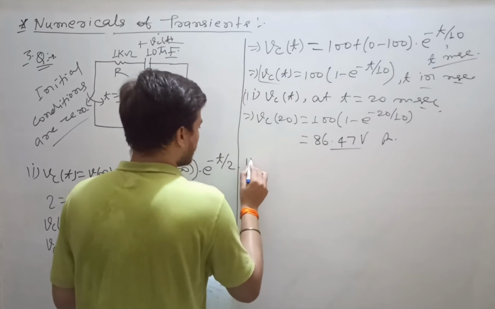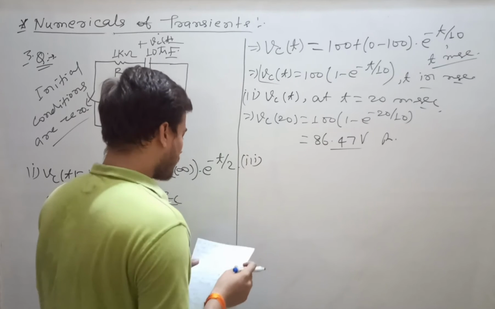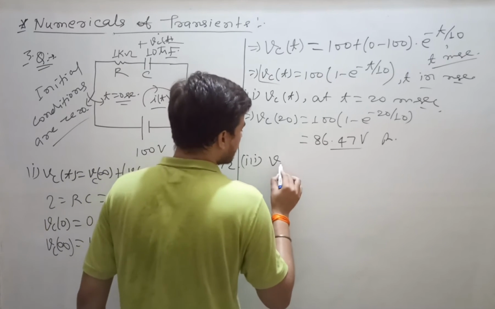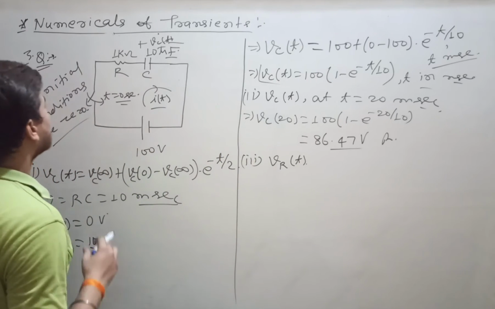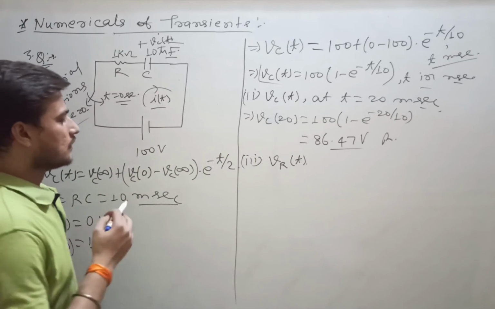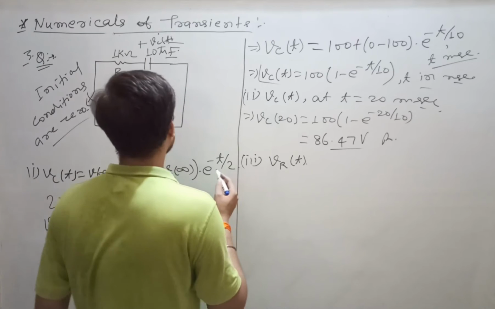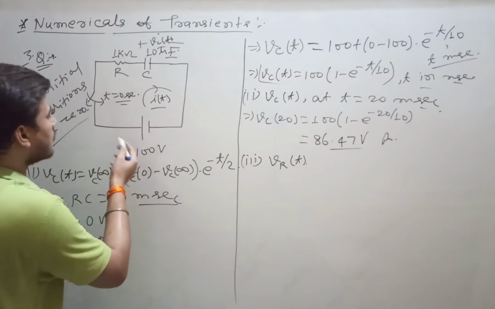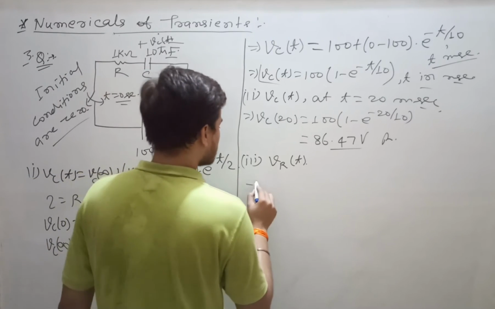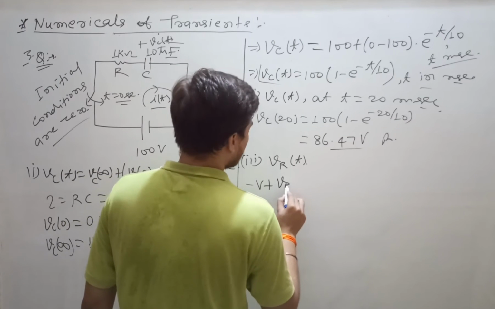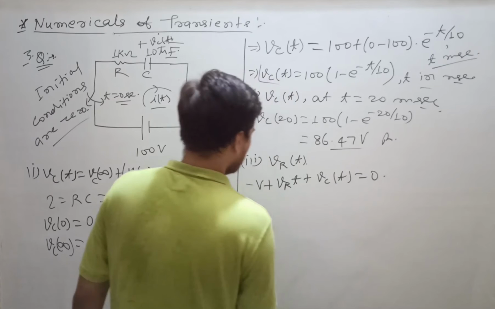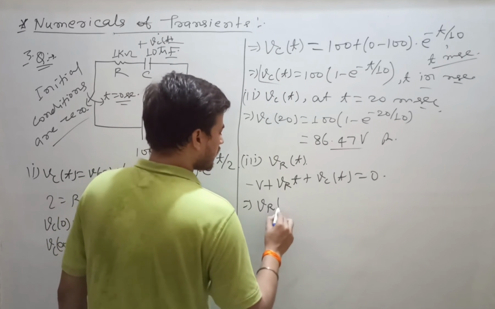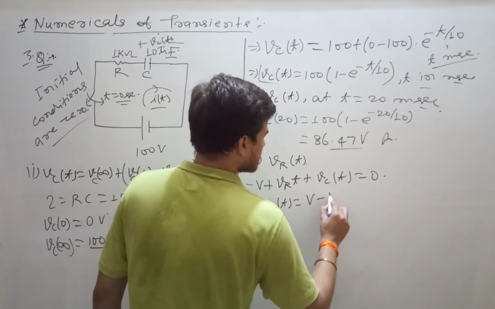Third part. We have to write the expression for the voltage across the resistor, VRT. Again you have to apply KVL. If you apply KVL, minus V plus VRT plus VCT will be equal to 0. From here VRT can be written as V minus VCT.